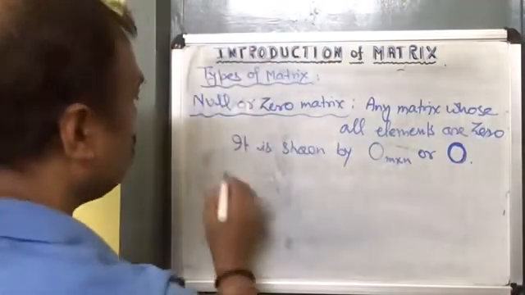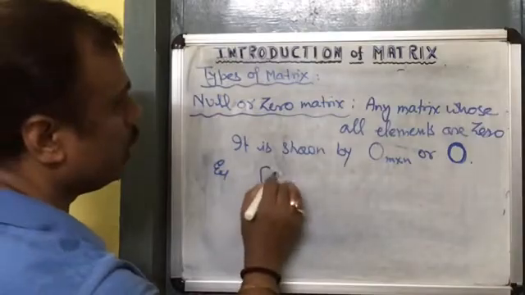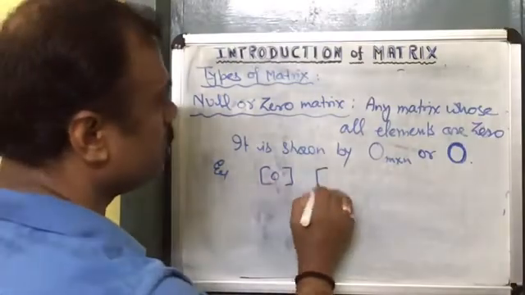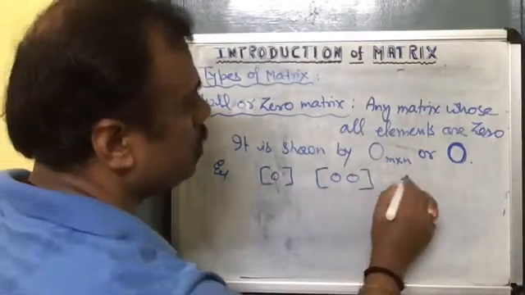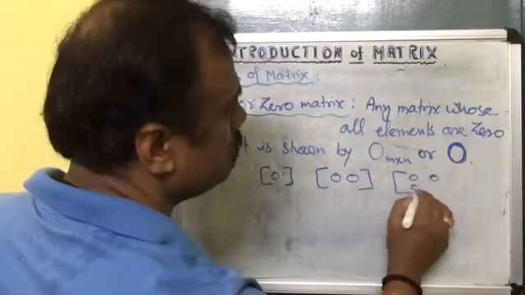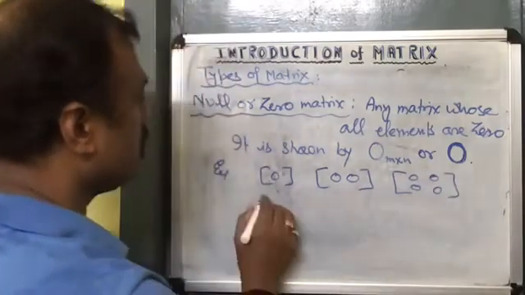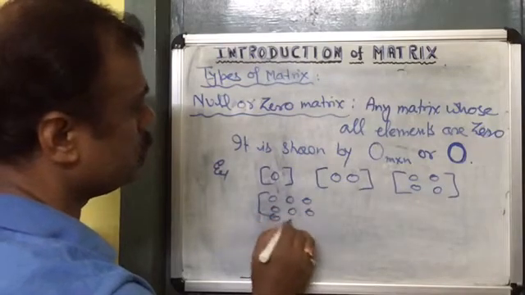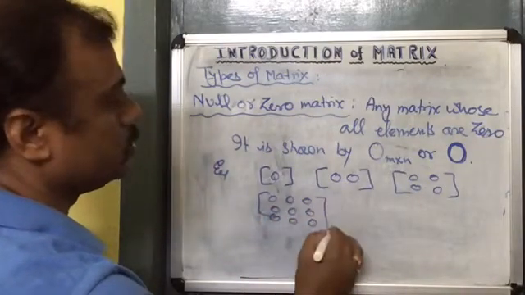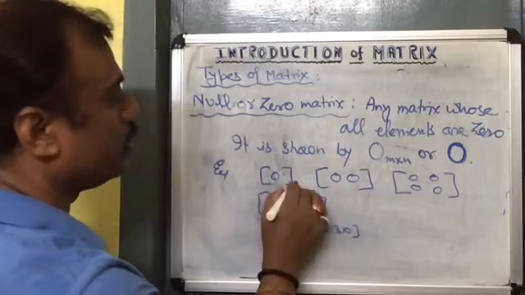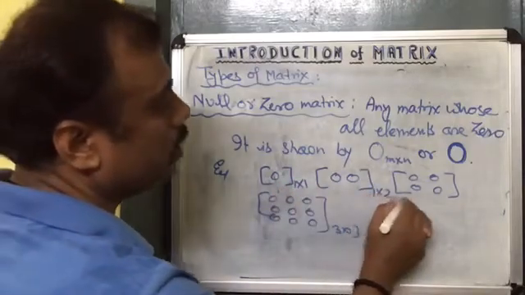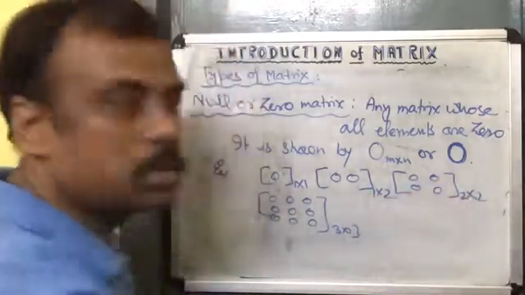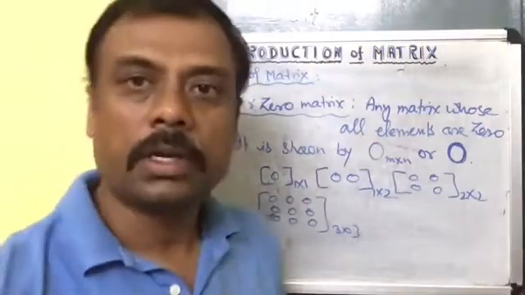For example, this is a null matrix: all zeros. So as we know, we can write the order, so this is called a null matrix.